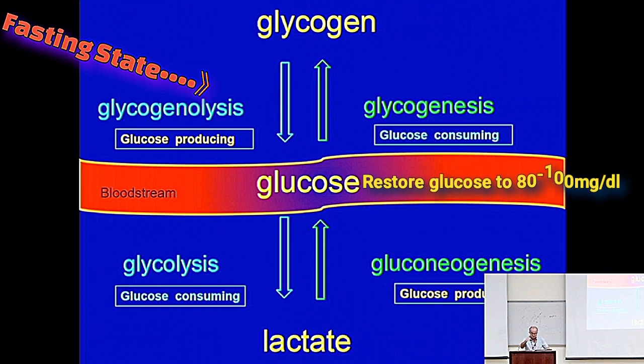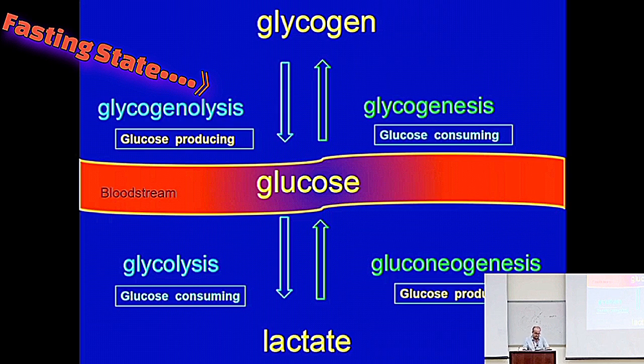Obviously, you restore blood glucose by producing glucose. So the body switches, if you want, specific tissues switch function in a way and start to produce glucose. How do you produce glucose? By breaking down whatever glycogen was stored in the first place.